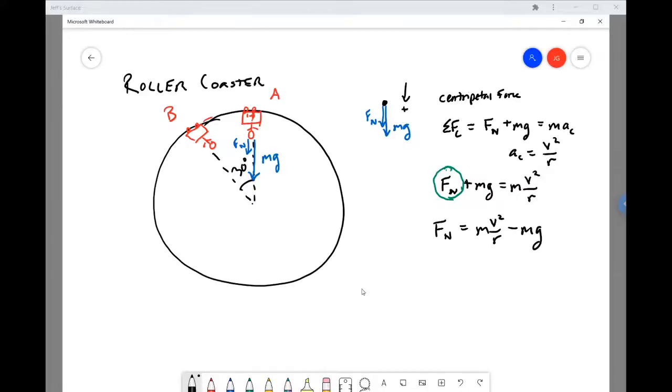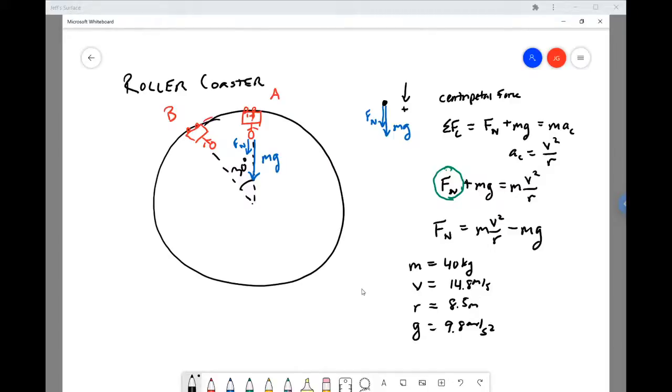And so in this problem we know all these things. The mass of the child is 40 kilograms. The speed at point A is 14.8 meters per second. The radius of the roller coaster loop is 8.5 meters. And g is 9.8 meters per second squared.